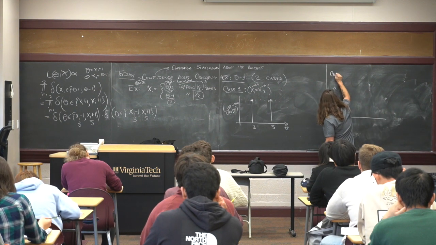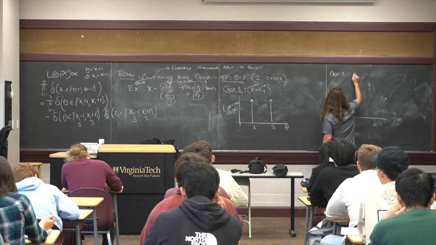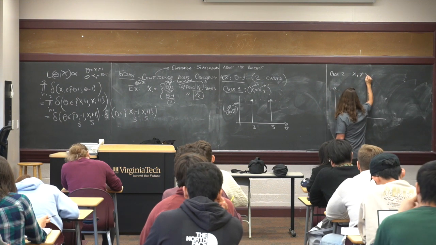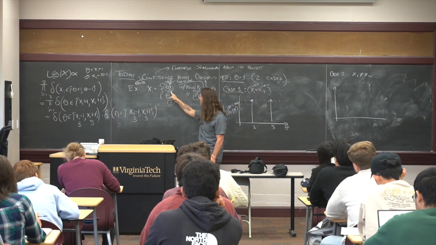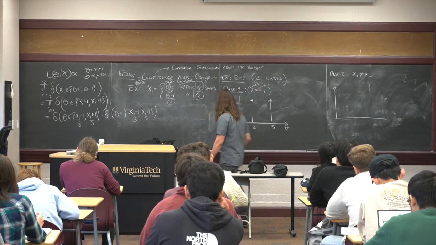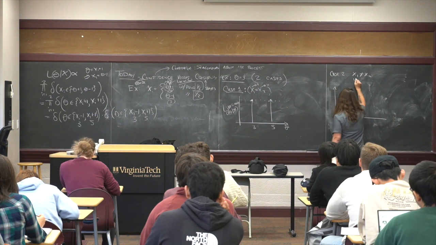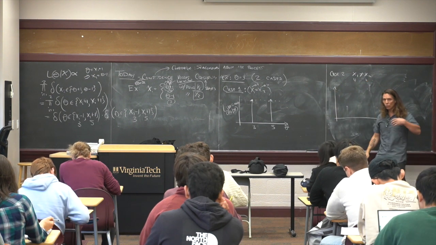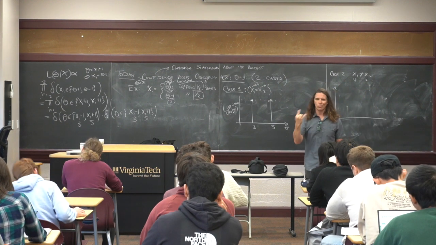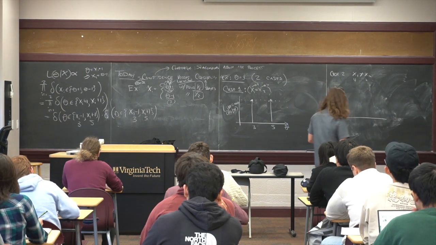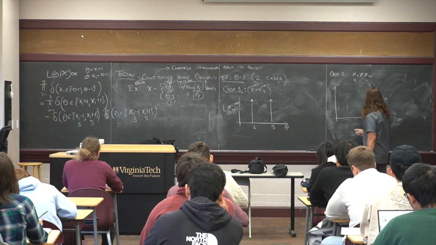But case 2, x1 is not equal to x2. So that means I saw 4 and I saw 2. It doesn't matter the way I put these in. This is exchangeable. It doesn't matter what the order was here, just like any binomial problem.